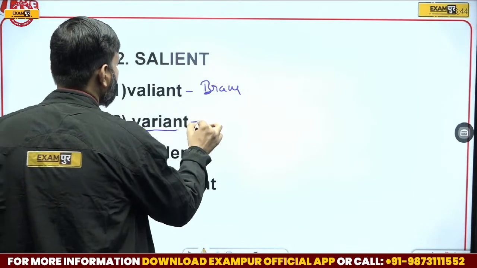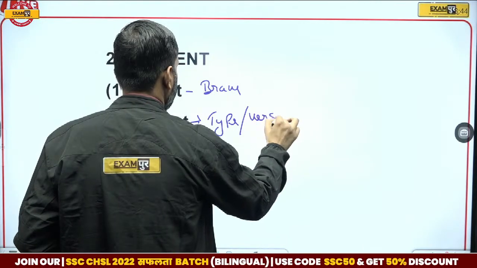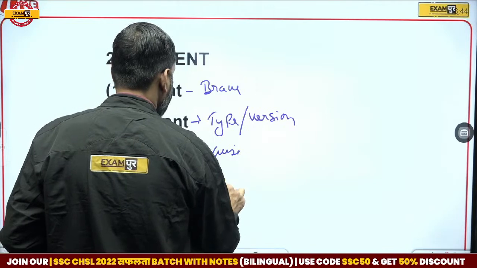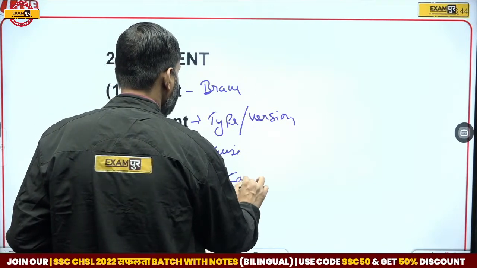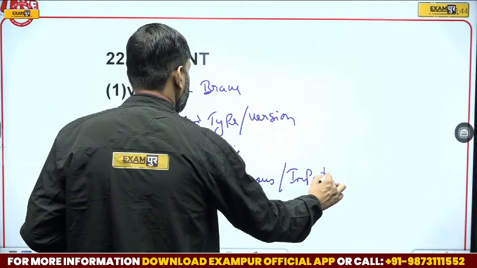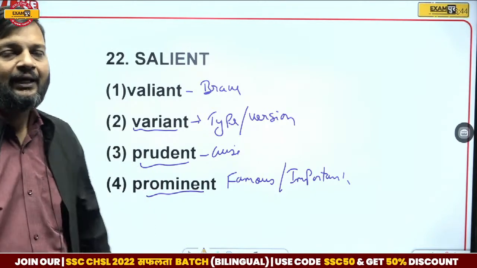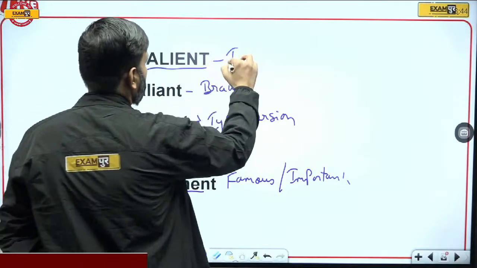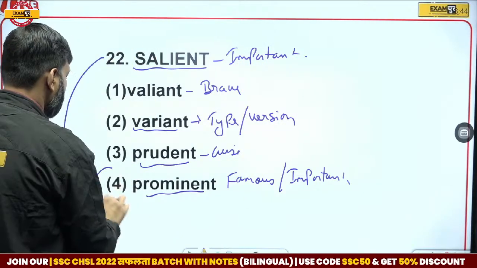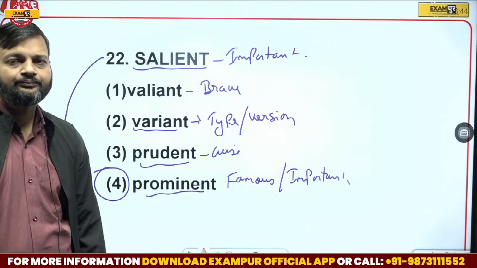Variant means type or version. Prudent means wise, and prominent has two meanings, famous as well as important, and the meaning of salient is important. So here the synonym of salient should be prominent. Okay, clear?